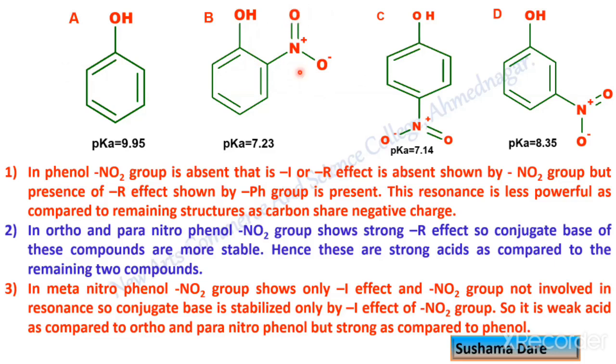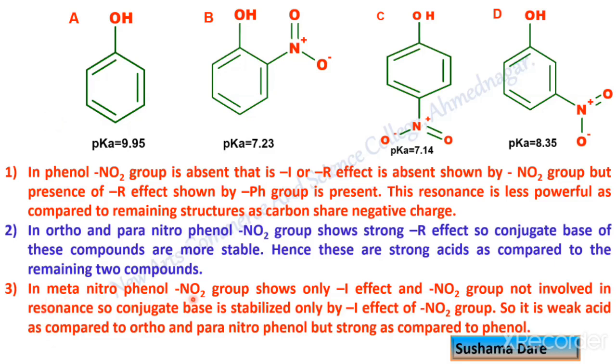So because of this, oxygen carries a negative charge very well as compared to the carbon. So because of this, the electron withdrawing resonance effect in compound B and compound C is more powerful as compared to compound A.